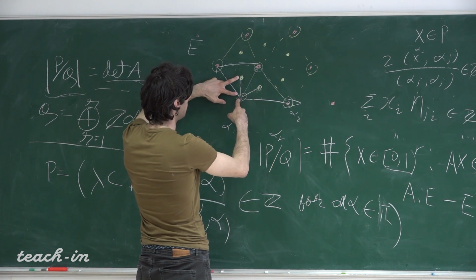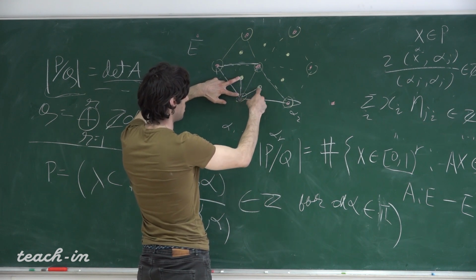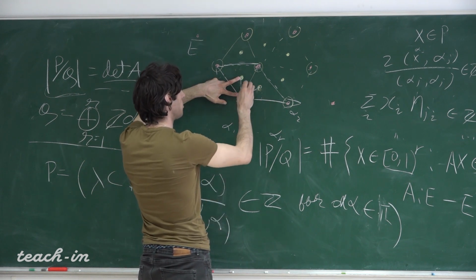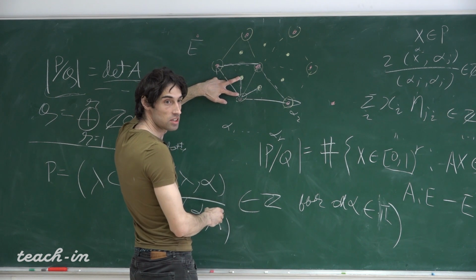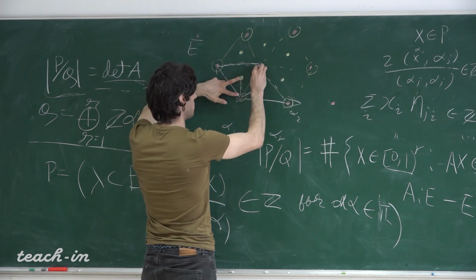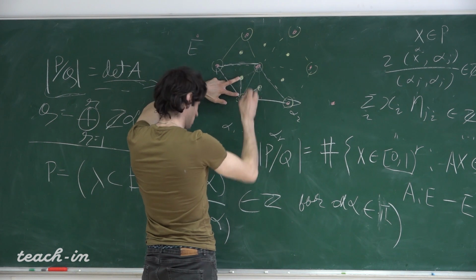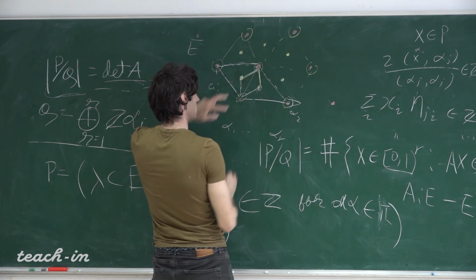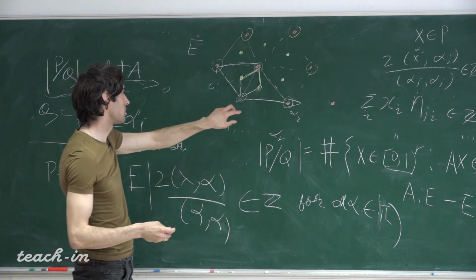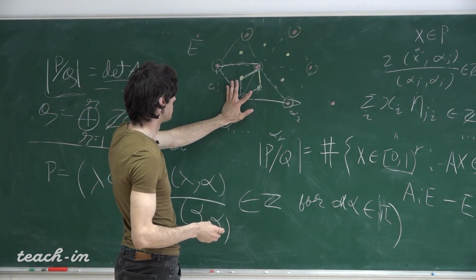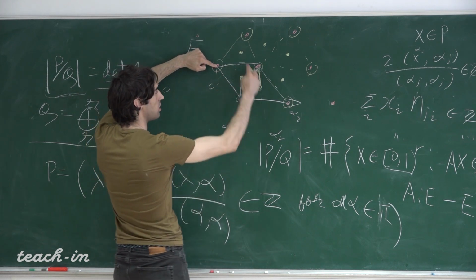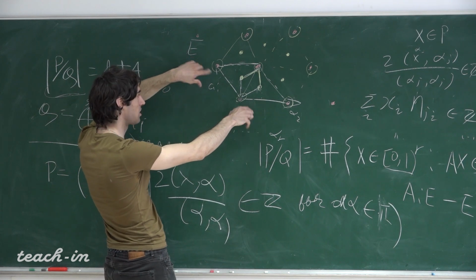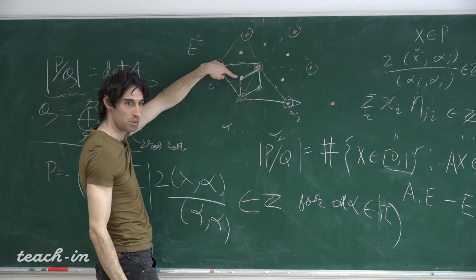So now let me consider the parallelepiped which is spanned by these two vectors. This one. Maybe let me use the green. So this one. Let me find how the area of this bigger parallelepiped spanned by alpha, how many times it's bigger than the area of this parallelepiped.